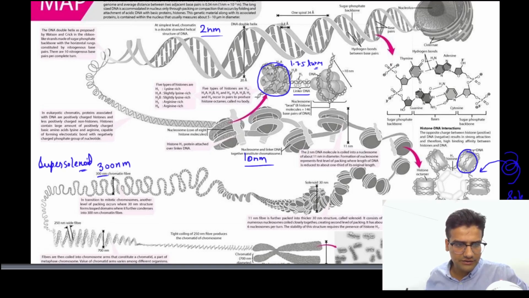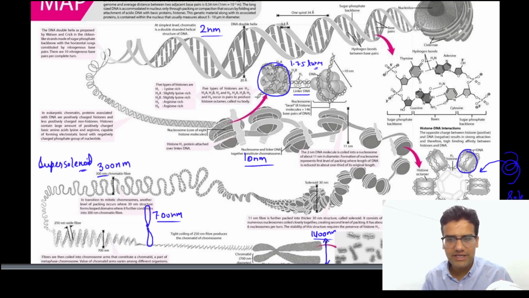This 300 nanometer fiber is converted into the chromatid, which is a 700 nanometer fiber. When the chromosome replicates, one arm is 700 nanometer, so the complete double structure of the chromosome is 1400 nanometer. This is the highest level of packaging for DNA. These rod-like chromosomes are intensely folded structures of a DNA molecule.